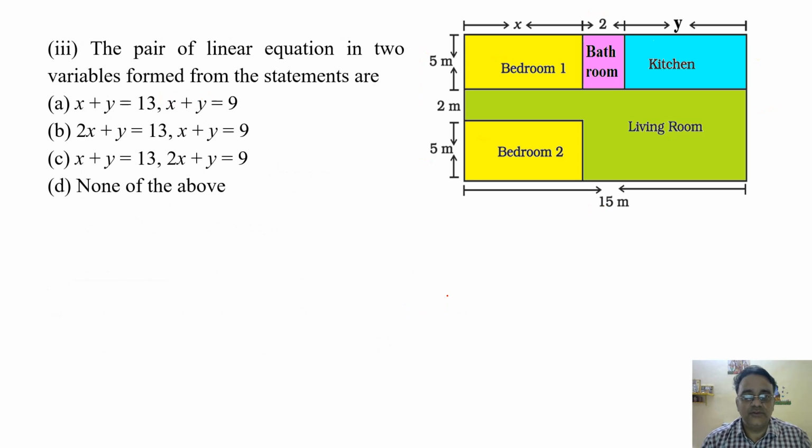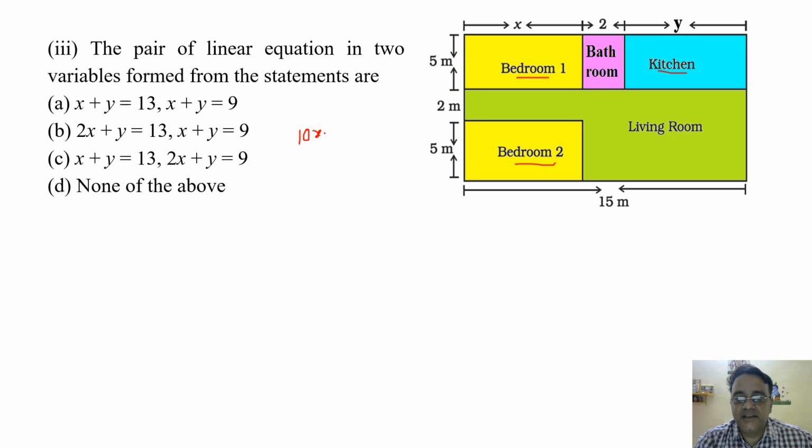Now we are moving toward question number 3. The pair of linear equation in two variables formed from the statements are. So first of all, ध्यान से देखो, इसमें दोनों बेडरूम का एरिया और किचन का, तीनों का टुगेदर is 95 square meter. So the bedroom together is 10x, इन दोनों का 10x हो गया.